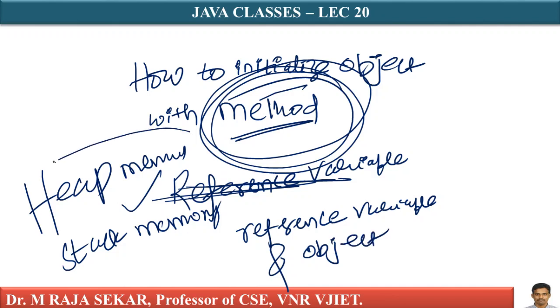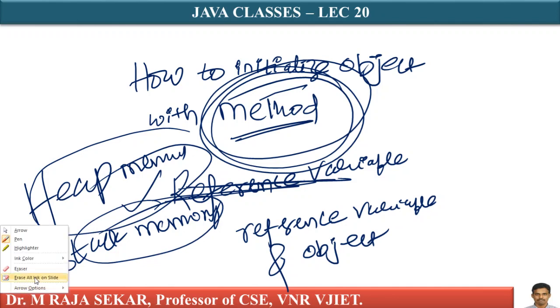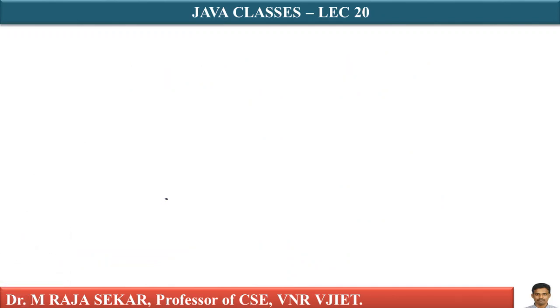I will discuss this heap memory and stack memory at the end of this lecture. Of course, in computer organization, you can understand these two concepts in depth. In this lecture, let me explain heap memory and stack memory with respect to our reference variable and object.